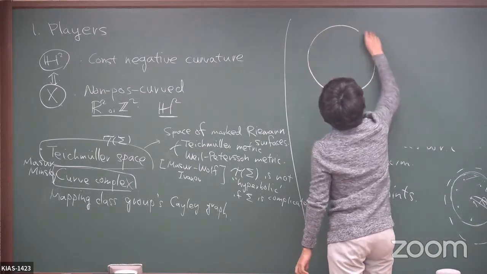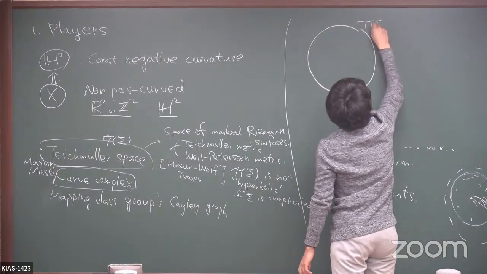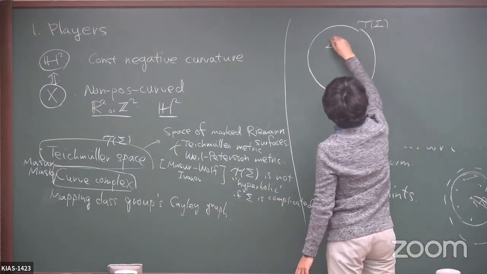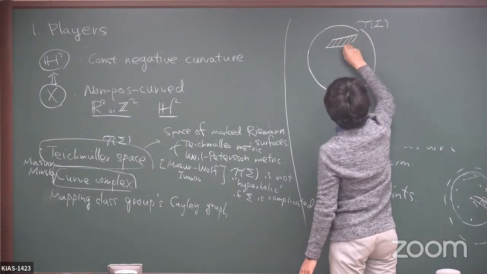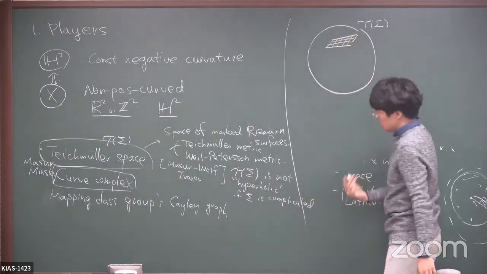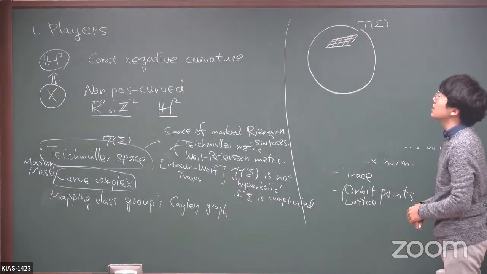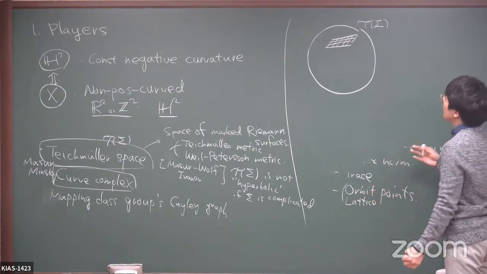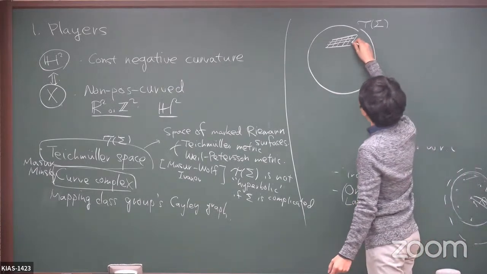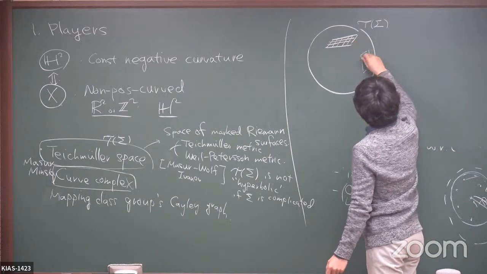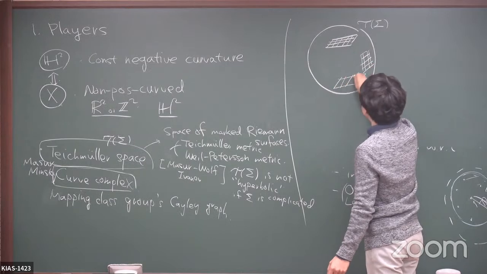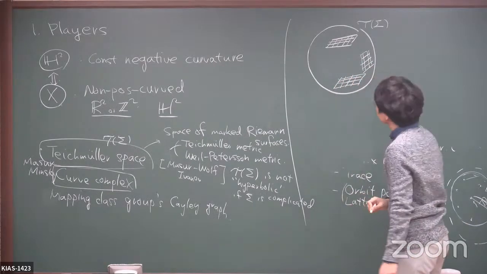So here's a Teichmüller space. And unfortunately, it has a bunch of flats. It's fair to say that it's non-positively curved on a grand scale, but it contains large-scale flats, partially coming from the commuting elements of the mapping class group.